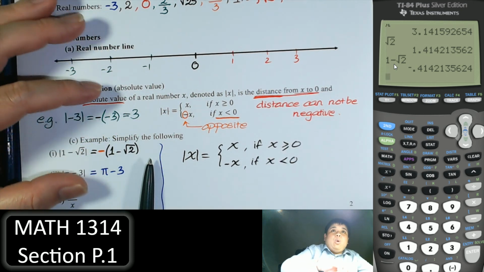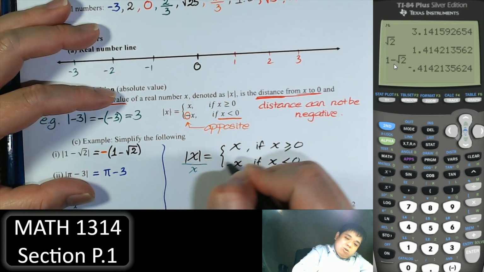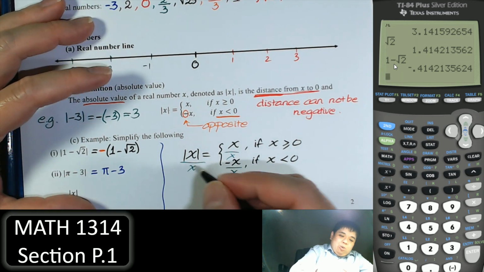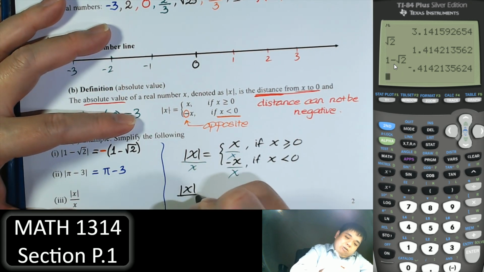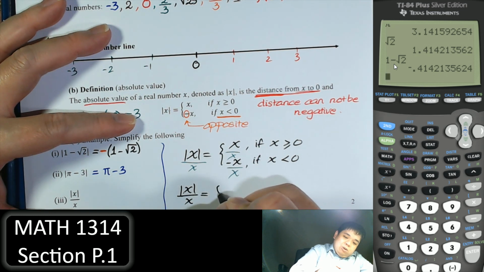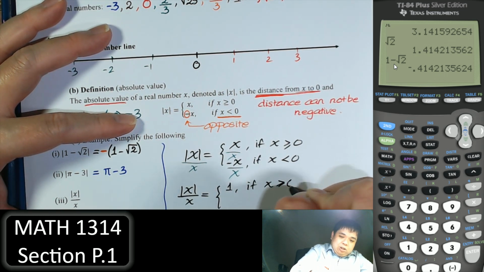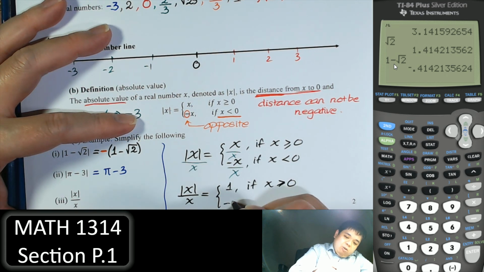Now what I do is divide by x on both sides of the equation. So the absolute value of x over x is equal to 1 if x is greater than or equal to 0, and negative 1 if x is less than 0.